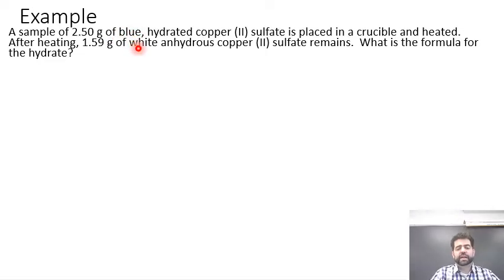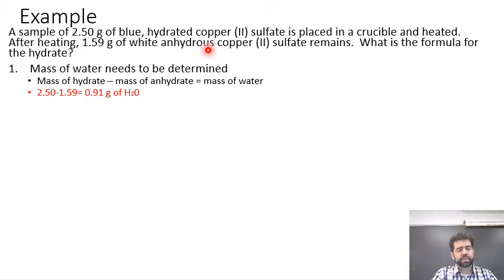So it's changed color. We think what we have left is an anhydrous state, the water has left. So what is the formula for the original hydrate? All we do is take these two numbers, 2.50 minus 1.59, and we get 0.91. That's how much water left.